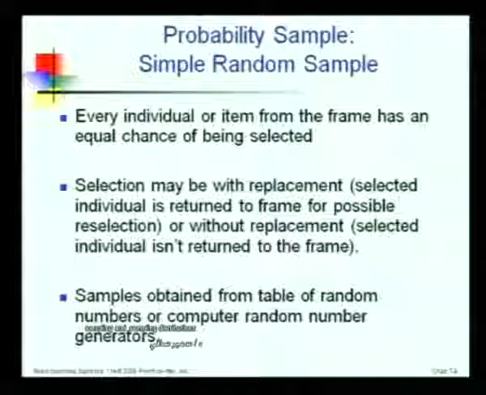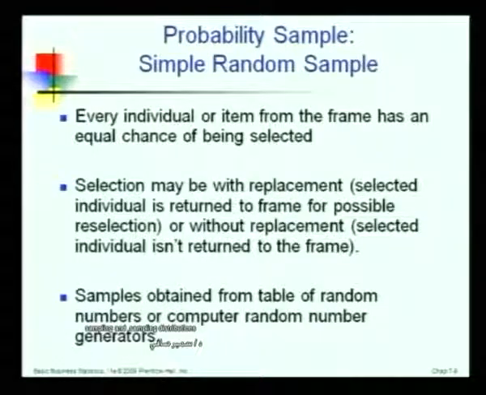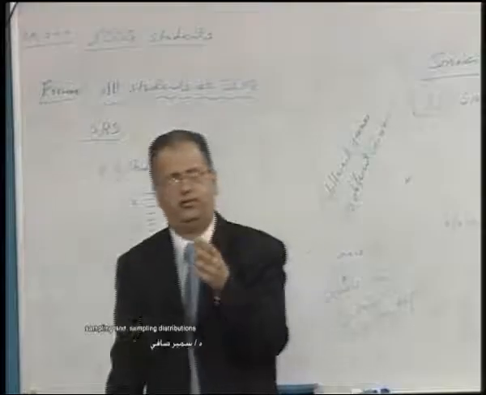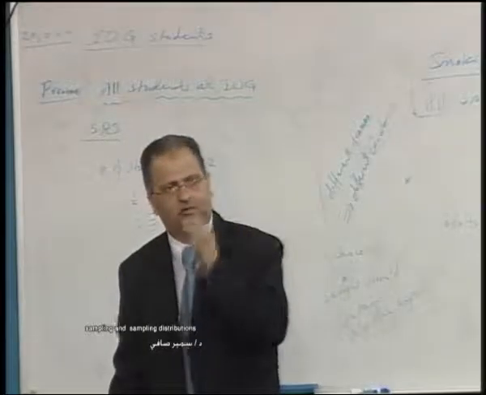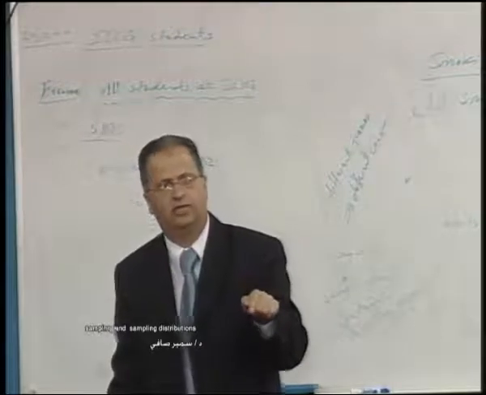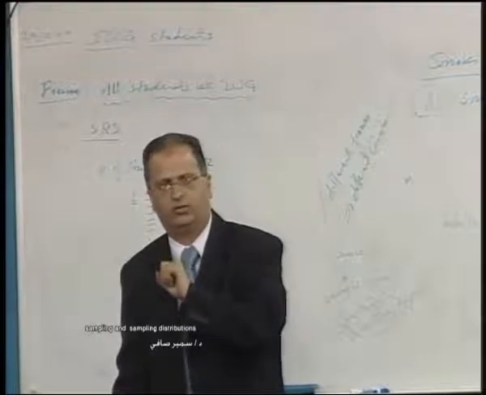Now, how can we obtain the sample? A sample is obtained from something called a table of random numbers. In a minute I will show you the table of random numbers. The other method of selecting a sample is by using computer random number generators. So there are two methods for selecting random numbers: either by using the table at the end of your book, or by using a computer.